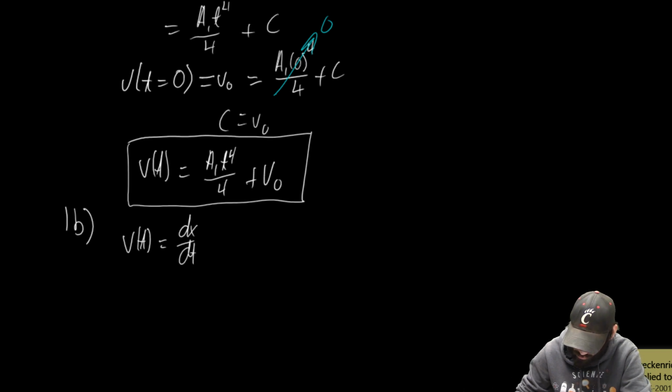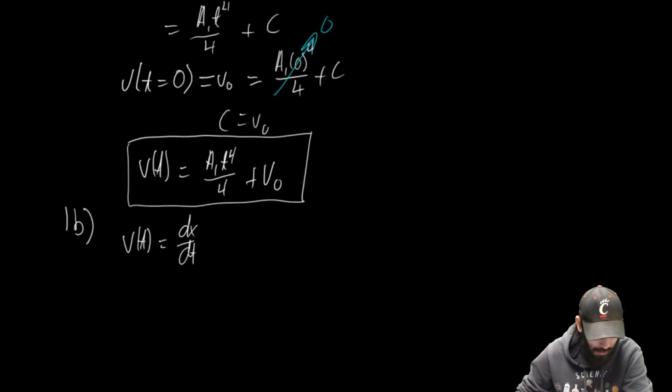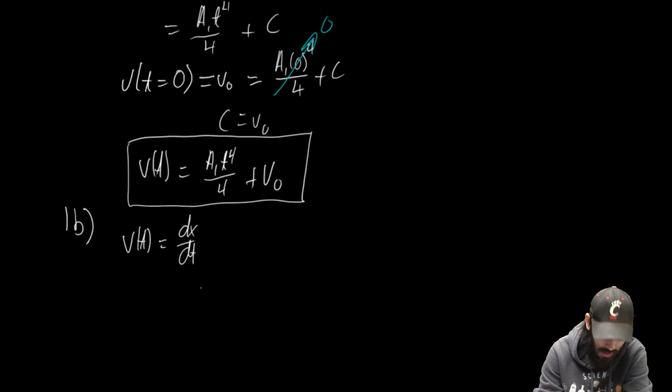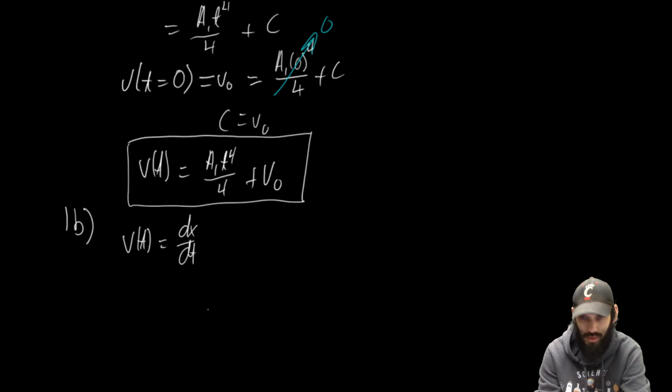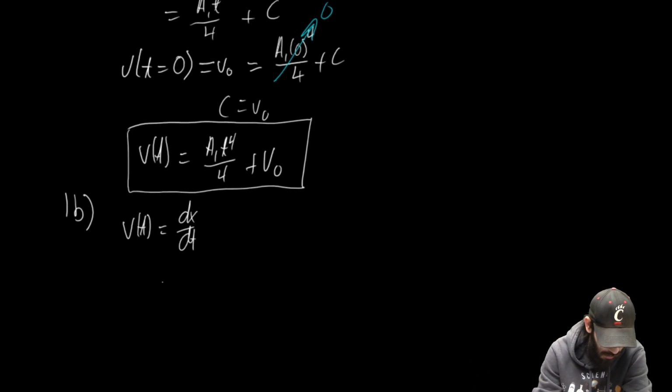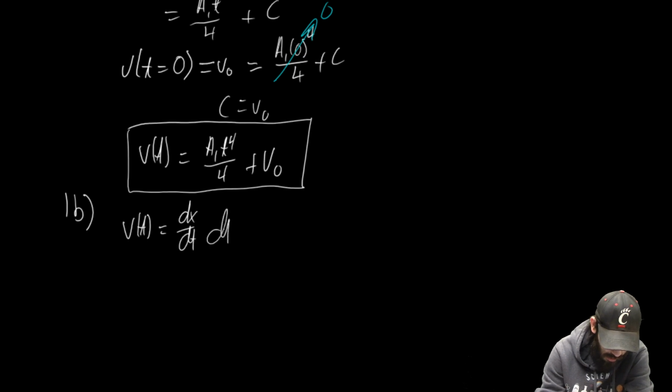And so then we're doing the same thing that we did in the last part, because we want to integrate this ultimately. So we multiply both sides by dt, and we integrate.